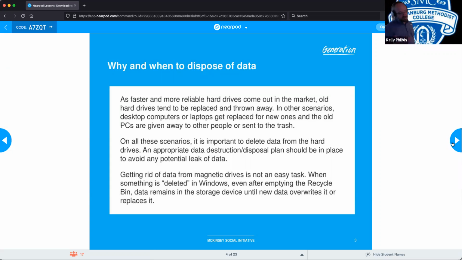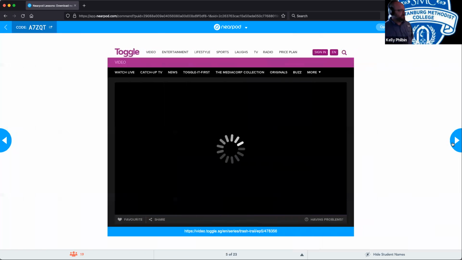And when you format a drive, it basically just tells the computer it's okay to write over these sections, even though the data is still there. If you have forensic data recovery knowledge, you can recover a lot of that data. So be aware.